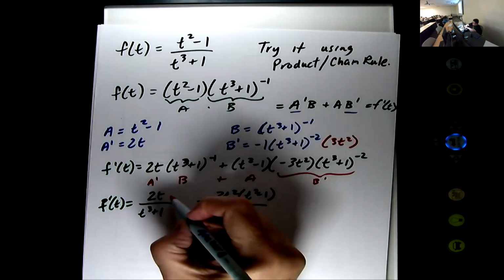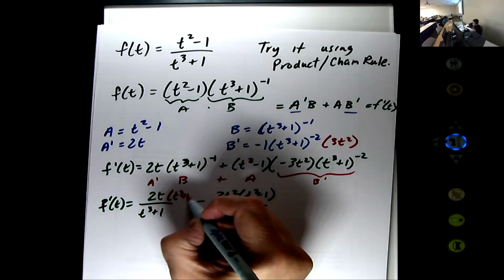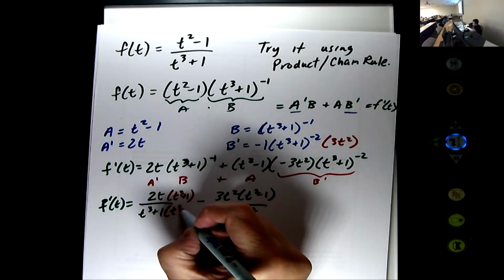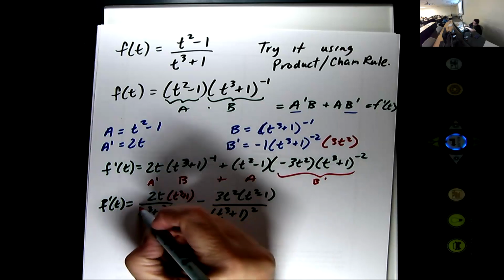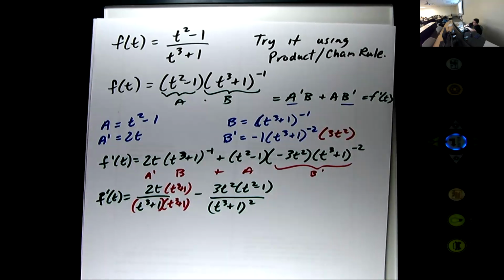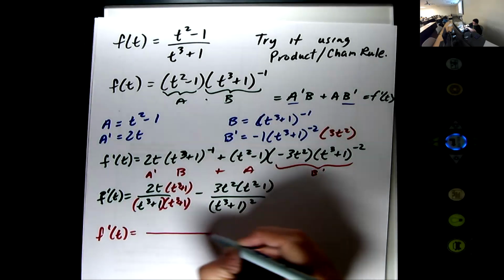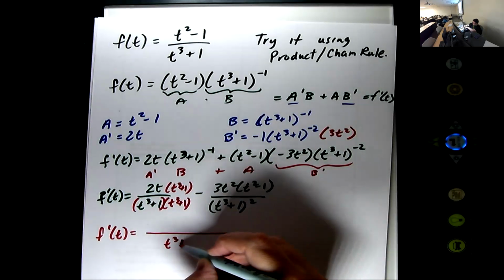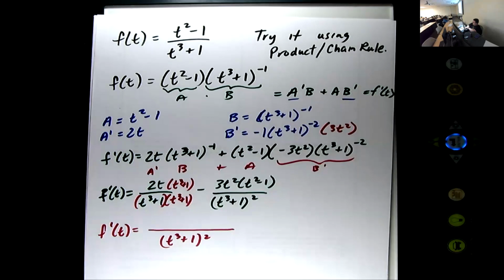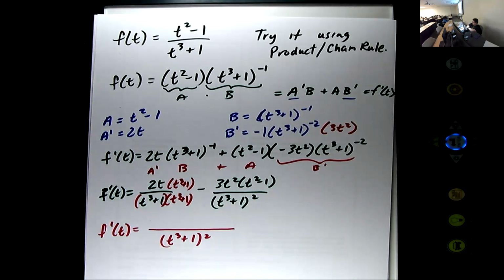So I'll get a common denominator by multiplying this by t cubed plus 1 over t cubed plus 1. And now the top will look like high prime low minus high low prime.